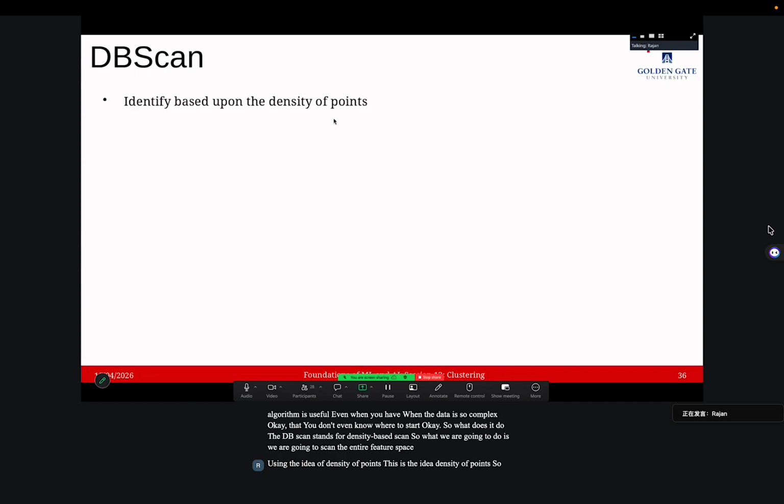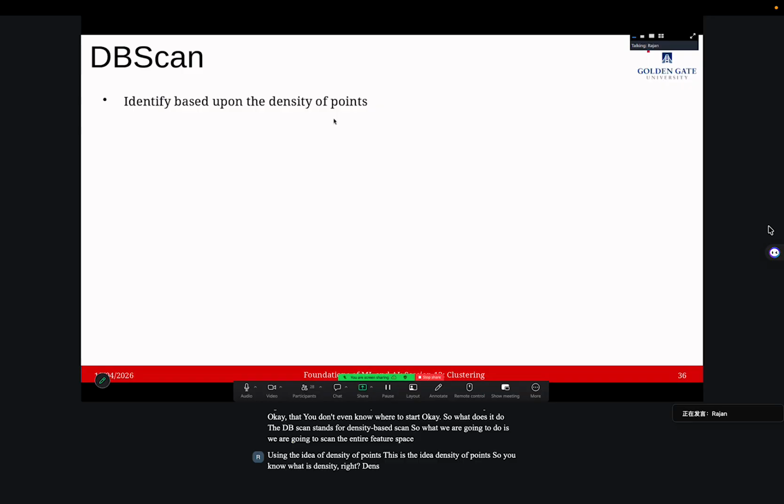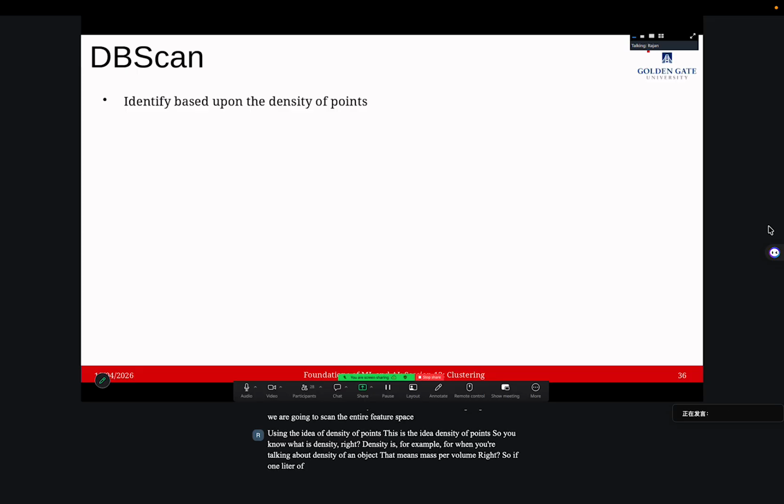So you know what density is, right? For example, when you're talking about the density of an object, that means mass per volume, right? So if 1 liter of water weighs 1 kg, then we say that the density of water is 1 kg per 1 liter. Okay, that's the density. 1 liter is 1000 cc, right?